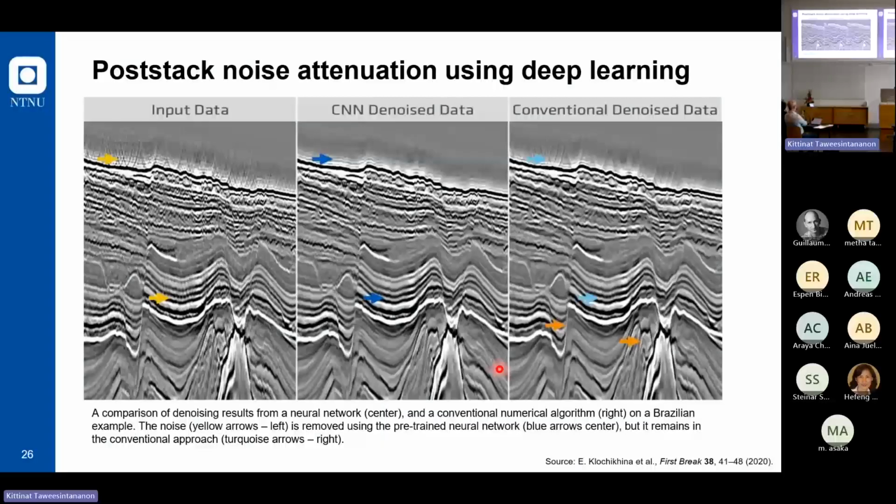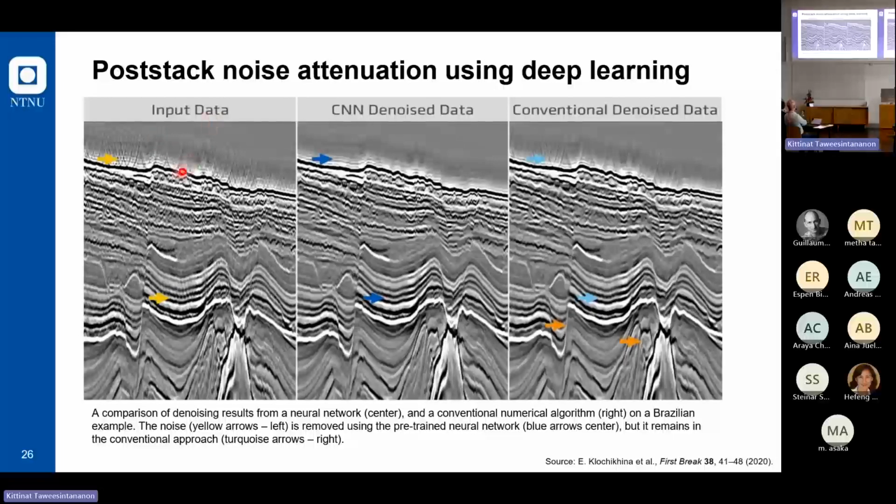First, let me review some recent publications about deep learning. In 2020, there was a publication in First Break showing post-stack noise attenuation using deep learning. Let's see some results. You have input data, the stack data, and you want to remove the migration noise or the swing like this, which is artificial.